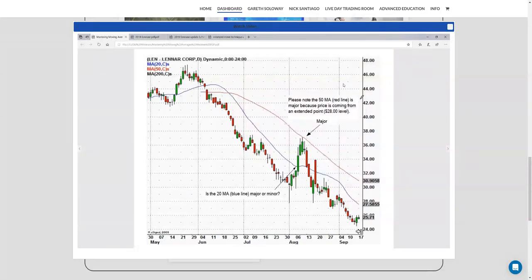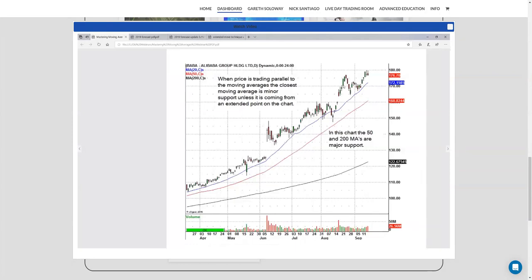Excellent. All right. Here's a chart of Alibaba. Trend is up. In this chart, the 50 and 200 MAs are major support, right? Because price is doing what to the 20 MA? It's parallel, right? So the 20 is minor, 50 is major, 200 is major.